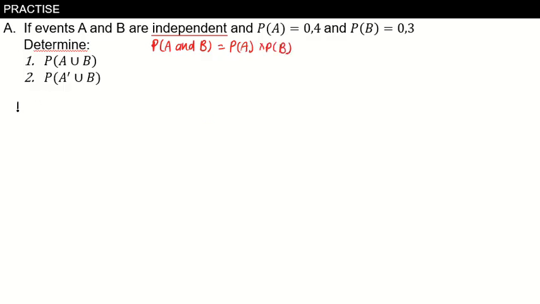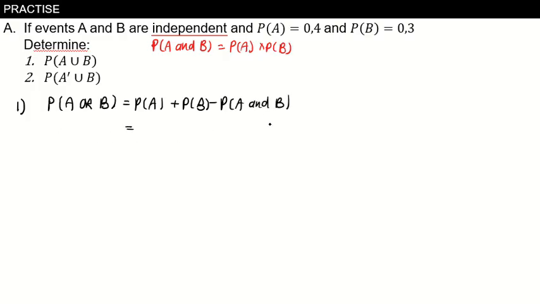So in this case, if I would like to calculate the probability of A or B, we can use the addition rule. But since we aren't given the probability of A and B, we can go and substitute that little bit with what we know of independent events, that the probability of A and B is the probability of A times the probability of B. So let's substitute.